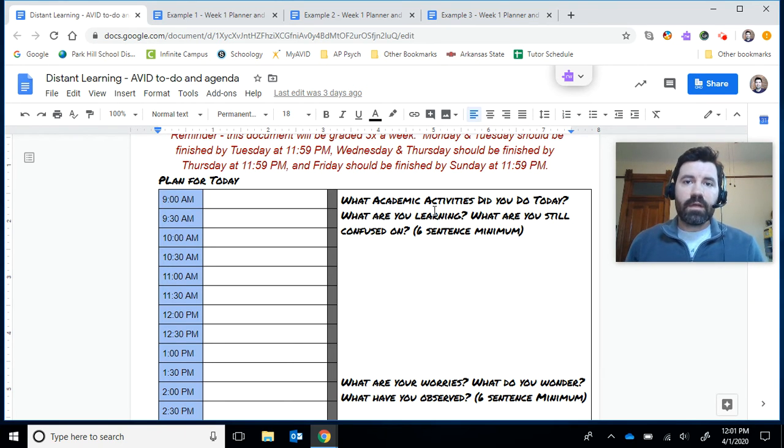When you add that in, for just AVID in a normal week, that's about 5 hours of your life. This planner that I'm asking you to complete, on average, to get a perfect score, is probably somewhere between 10 and 15 minutes a day, which added up over a week is still less than 1 hour of work for just this planner.